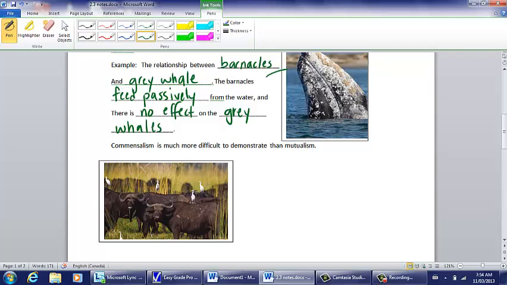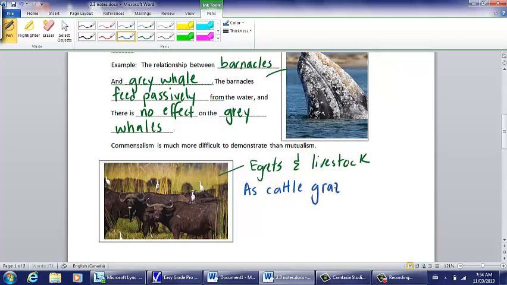A second example, though, of commensalism is this one. This is egrets, a type of bird, and livestock. And what happens here is, as the cattle graze, they are walking all over the field and they stir up insects.